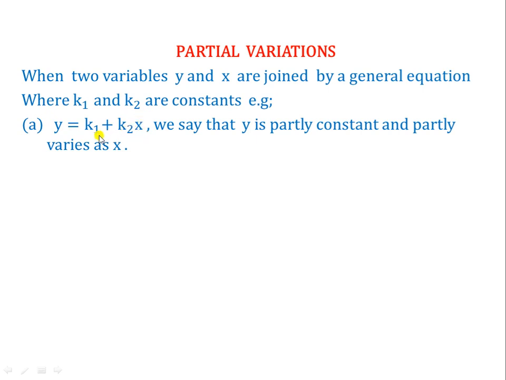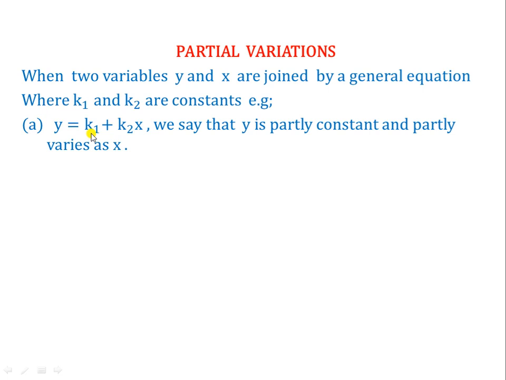So as long as we have y equals k1 plus k2x, it means y is partly constant, but partly varies as x. And this k2 is the constant of proportionality for the variation between y and x.